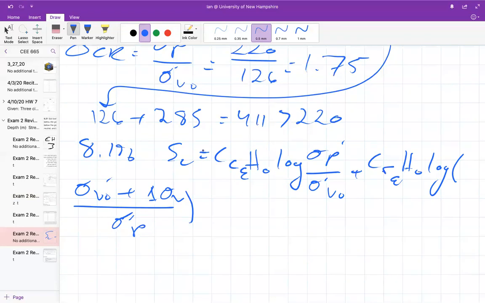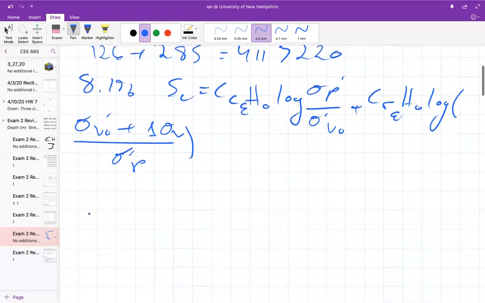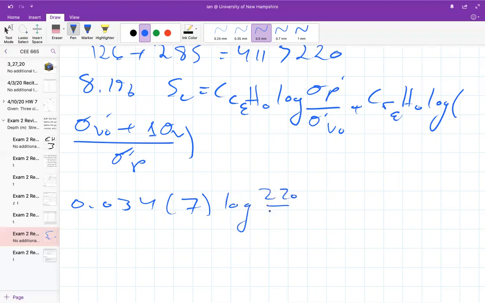From the last problem and everything we've been given, I'm just going to plug and chug. So we got 0.034 times 7 log of 220 over 126 plus 0.17 times 7.